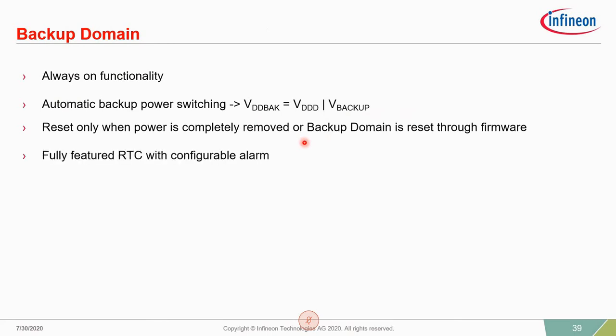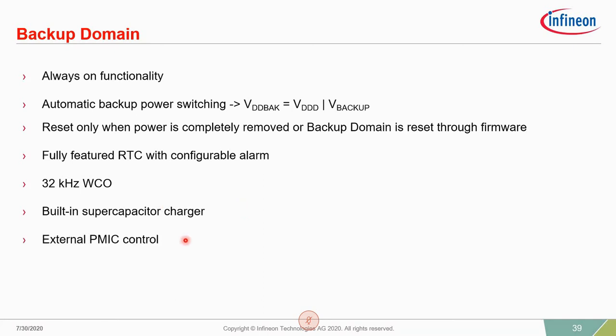It has a fully featured RTC with configurable alarm, a 32 kHz WCO which will be sourcing the RTC, a built-in supercapacitor charger that the application can use, and an external PMIC control. The backup system can control an external PMIC that supplies VDDD to your device.